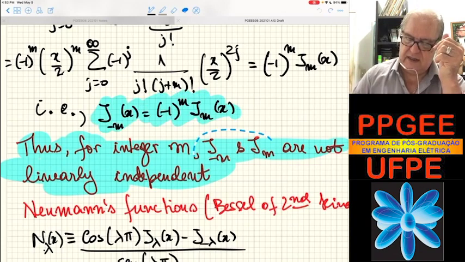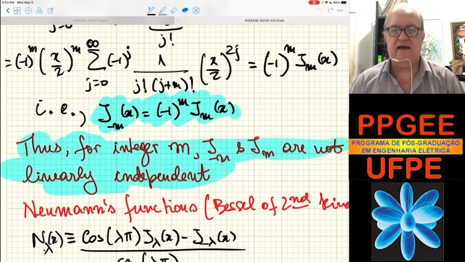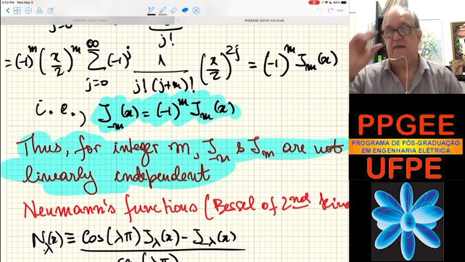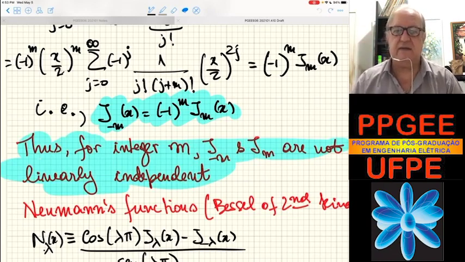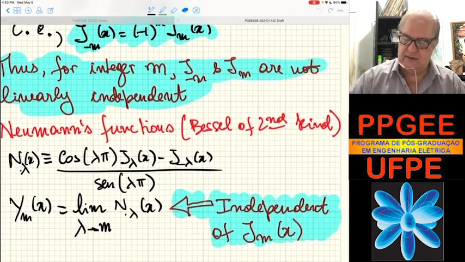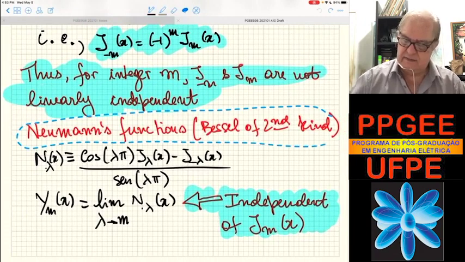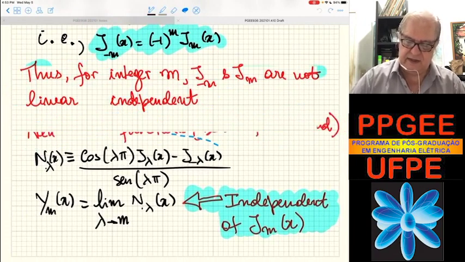So these functions are not independent, and you can find that in detail in chapter 10 of Arfken. Okay, you can build the Neumann function, which is called the Bessel function of second kind, as this combination here.